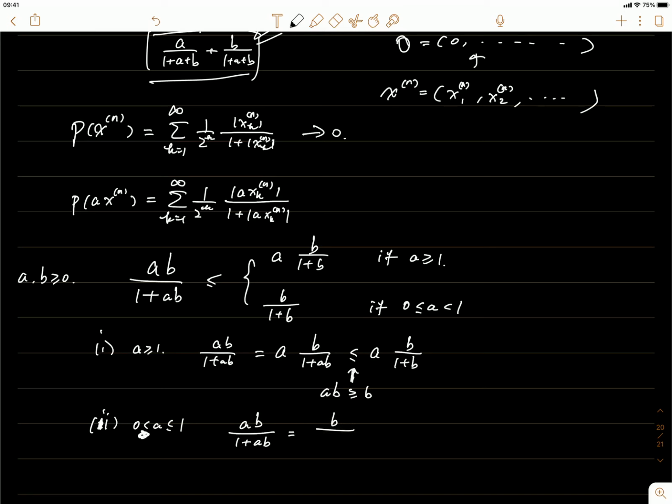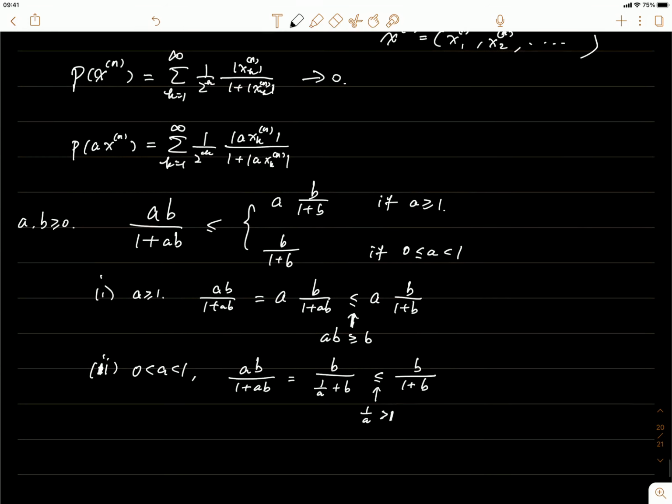Now we've got b over 1 over a plus b. So if a is less than 1, then 1 over a is bigger than 1, right? So that means this is less than 1 plus b. And this here is because 1 over a is bigger than 1.